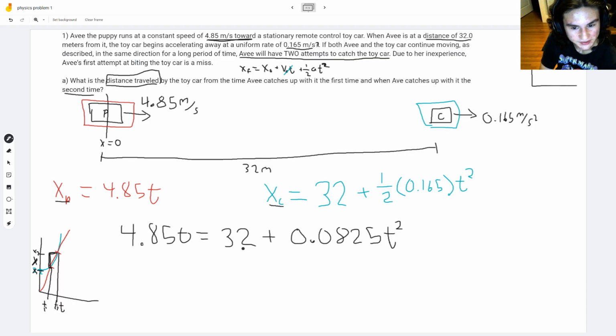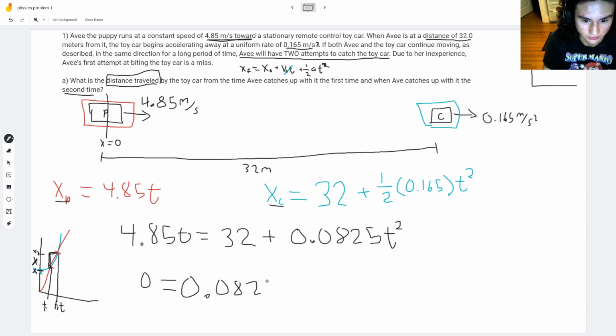So now, to make this a real quadratic, we're going to set one side to 0, so I'm going to do that by minusing 4.85t from both sides. So once I do that, we're going to get an equation that looks like 0 equals, I'm going to put this in the front because it's the highest degree of t. So 0.0825t squared.